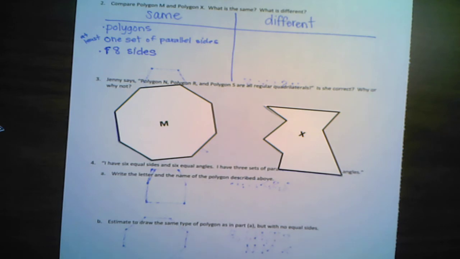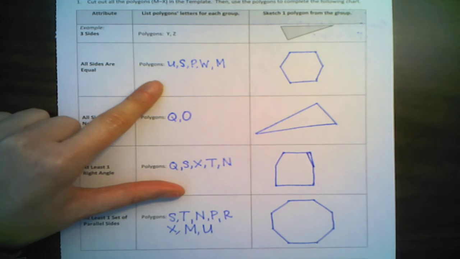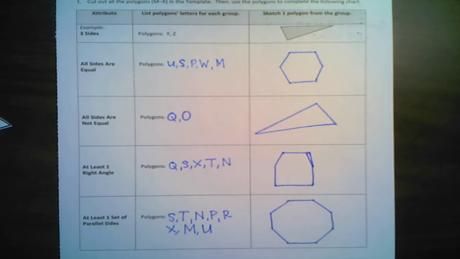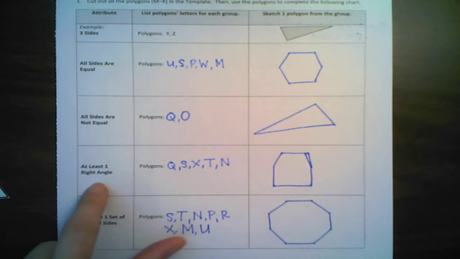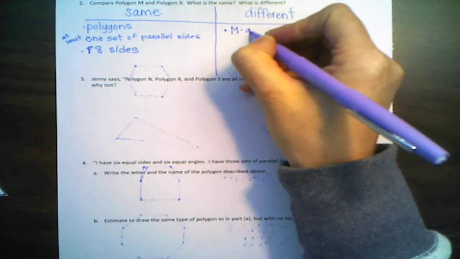What are some things that are different? If we flip back over, we can see if any of these have M only or X only. So this one, M has all sides equal, and clearly X does not have all sides equal. And down here, X has at least one right angle, where M does not. So those are some differences. I'm going to say M, all sides equal.